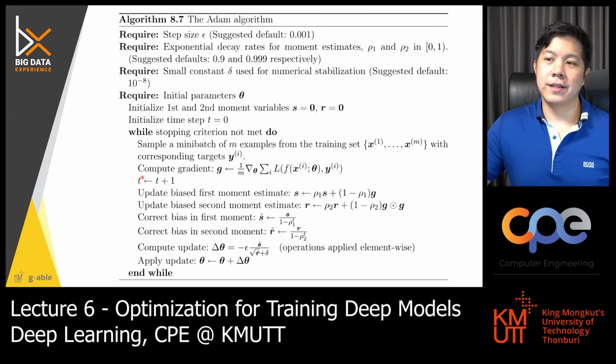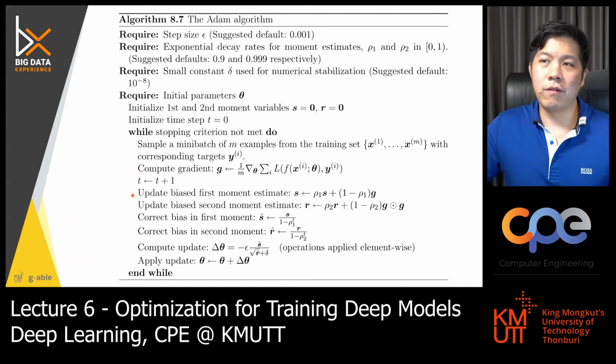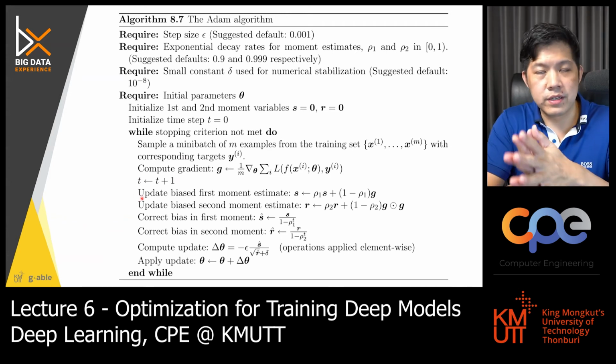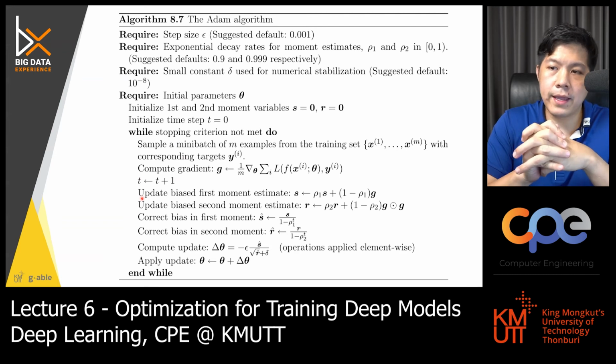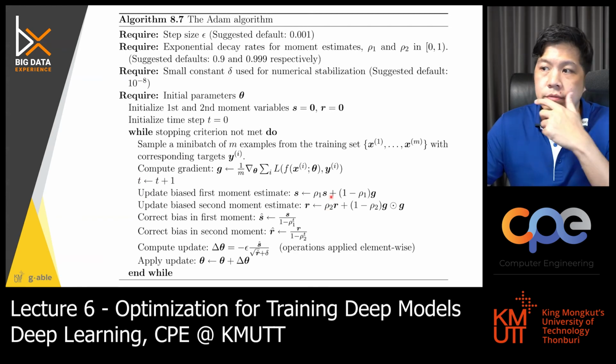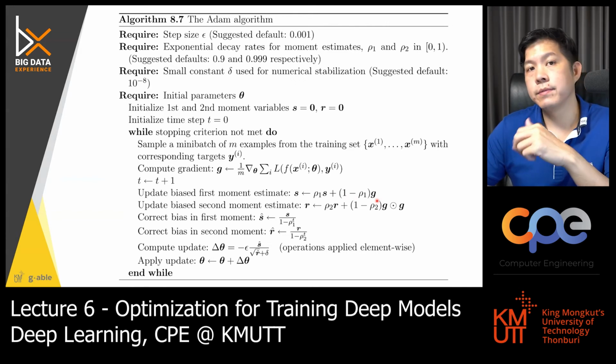Now in time step 0 and then go on, we have this sampling of a batch and compute the gradient normally. And then next is the core of Adam. We need to calculate the first moment. It's called the biased first moment. Just take a look and you see something familiar: S multiplied by rho plus 1 minus rho multiplied by g.